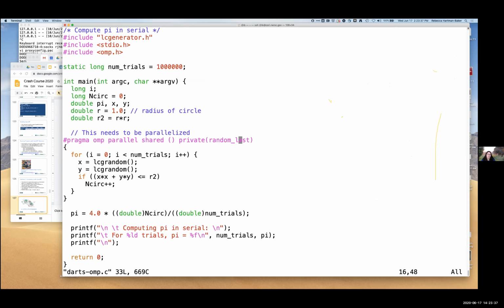Okay, what do we want to be shared? A lot of these things that are kind of constants we can have be shared, like r squared, num trials.